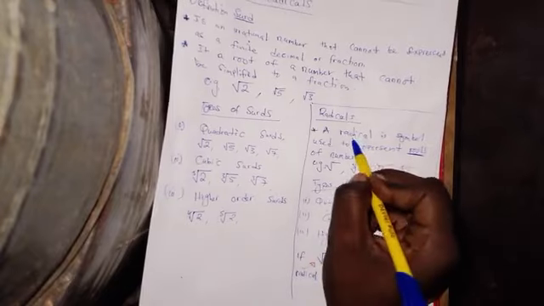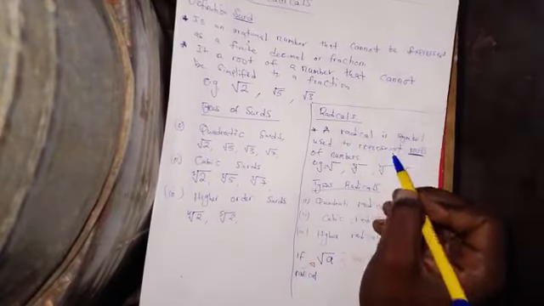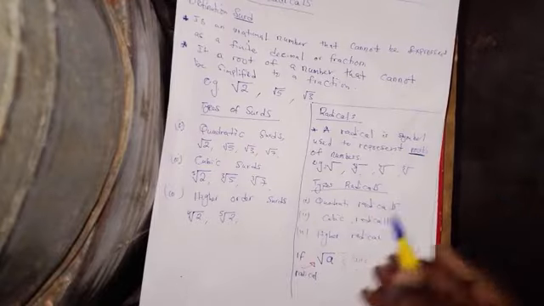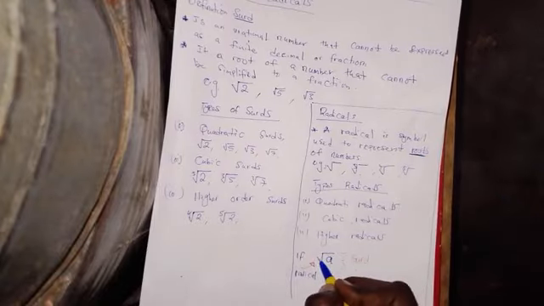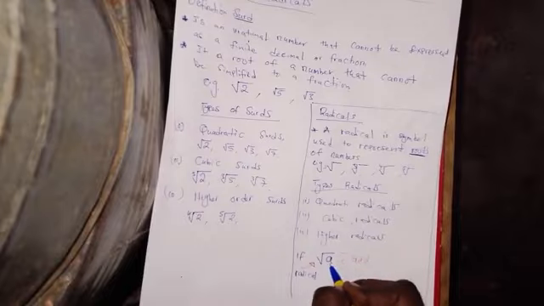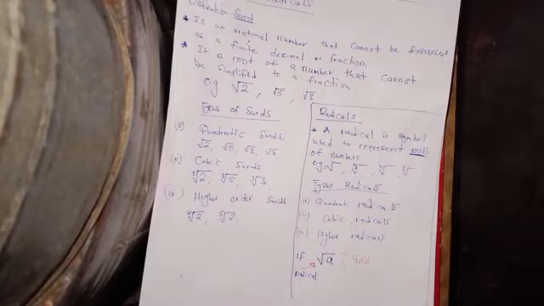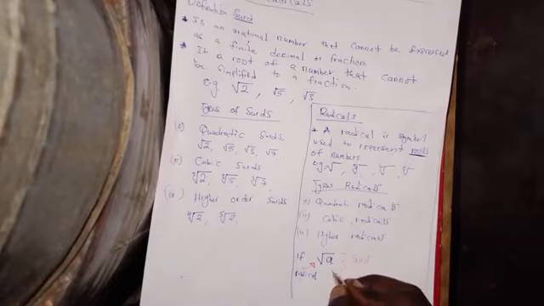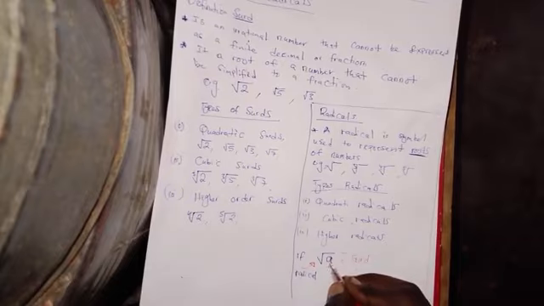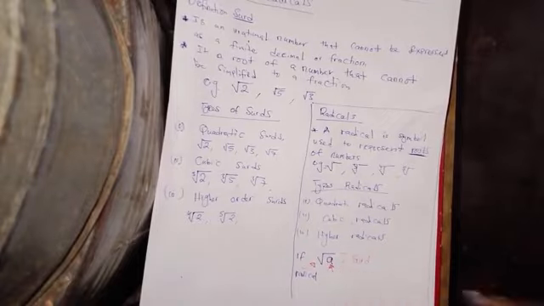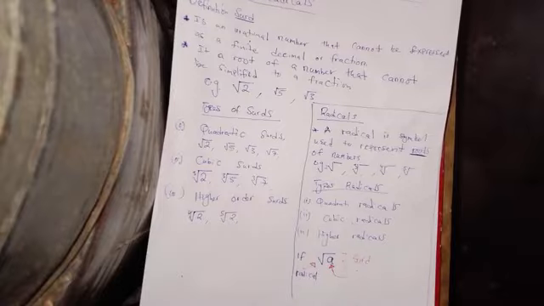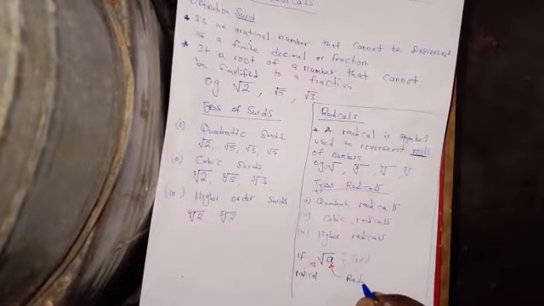Remember, we said a radical is a symbol used to represent roots. So this sign here, the root of this a, is called a radical. Now, what about the guy under the root? We call it the radicand.